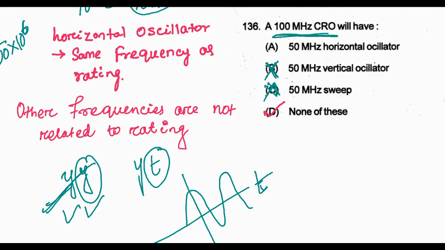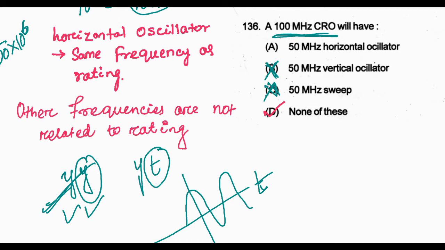And option A, 50 megahertz horizontal oscillator, is also not correct, because the y-axis is generally not associated with the time domain, since we give the amplitude or signal to it. We generally do not compare the y-axis to frequency or time.